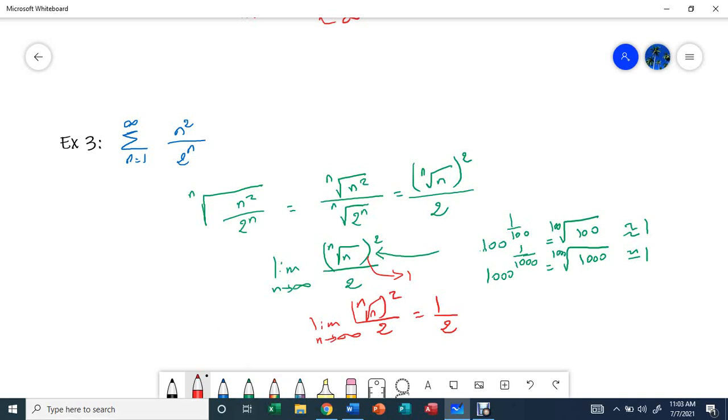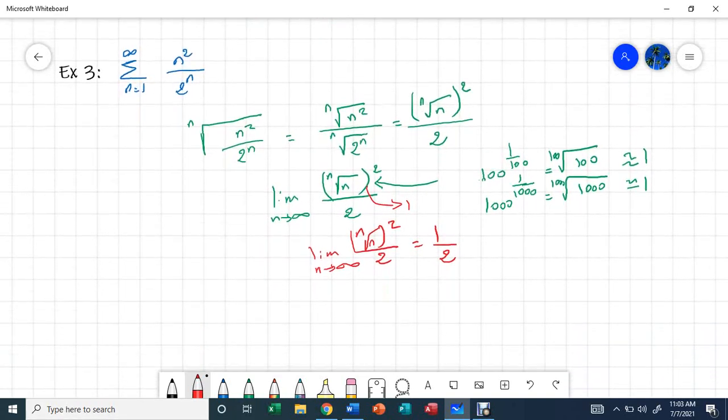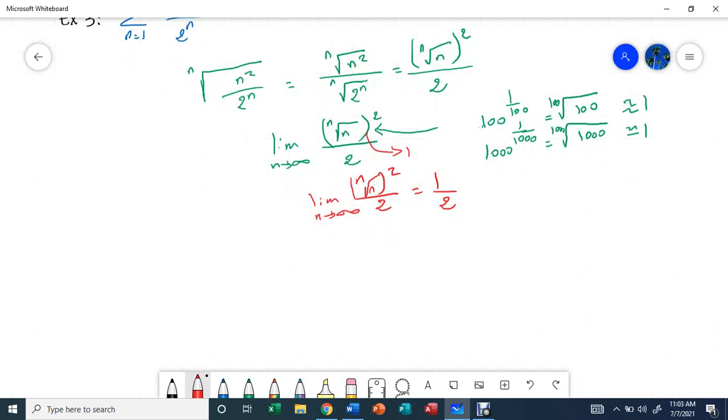And now, since 1/2 is less than 1, we conclude that the series converges. So 1/2 is less than 1. Therefore, the series converges by the same test, by the root test.